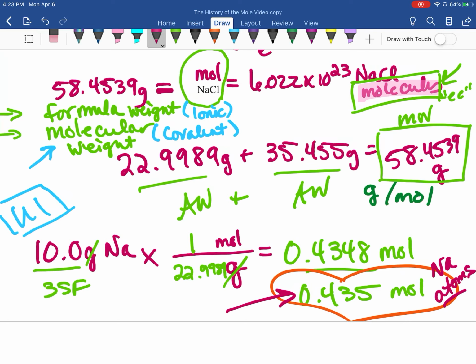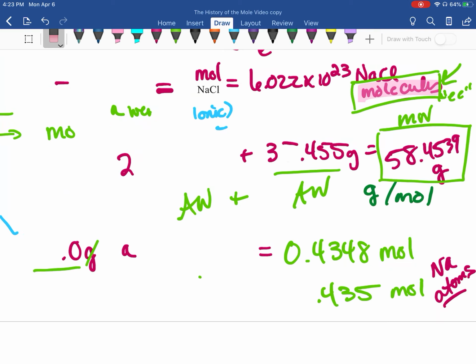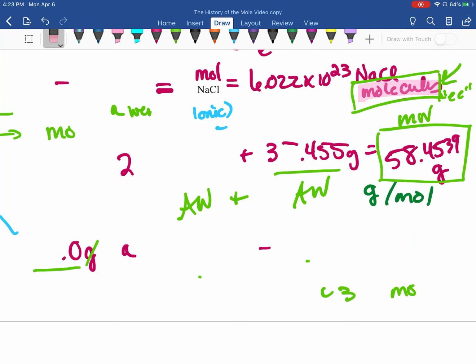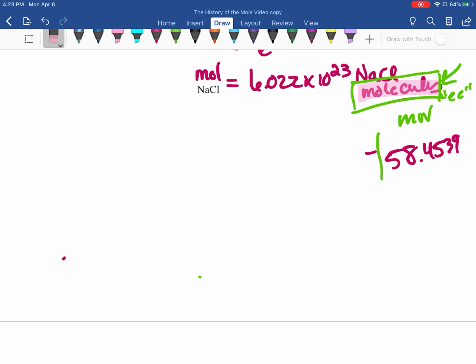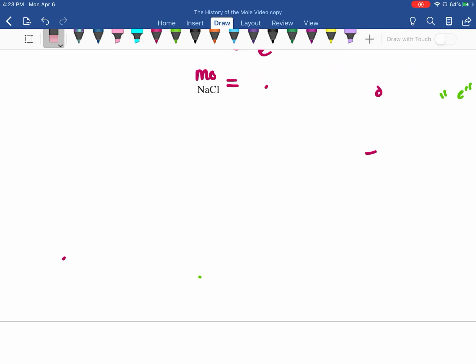Ooh, I feel another unit conversion coming on. Let's give ourselves some space, and let's redo it for chlorine. We just took sodium and converted that to moles. If we wanted to do this reaction and make sodium chloride, we know we need 1-to-1.